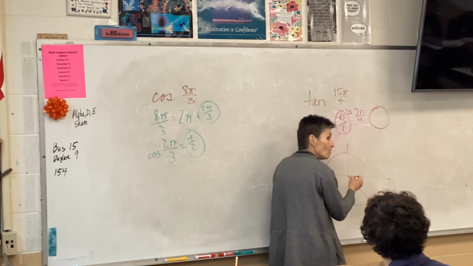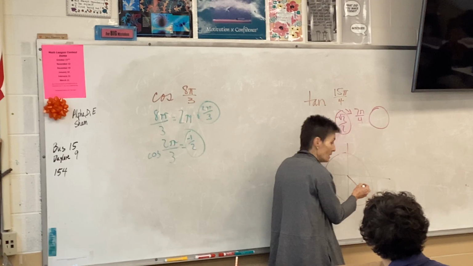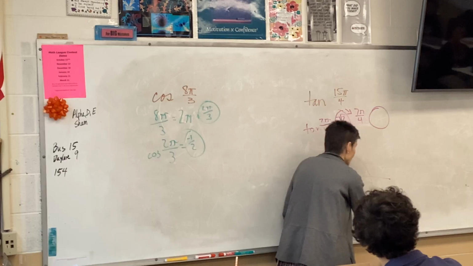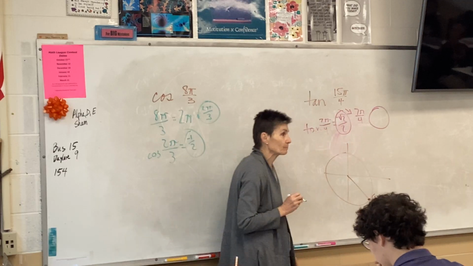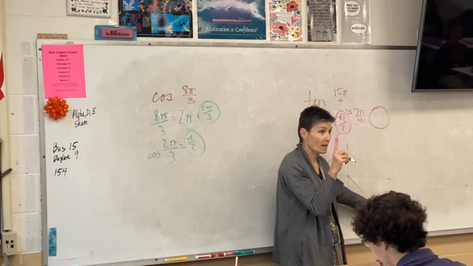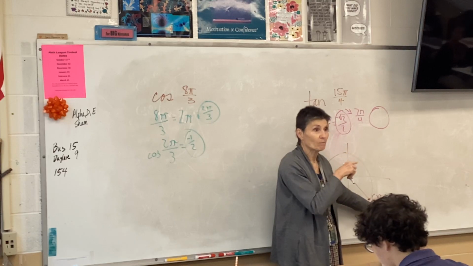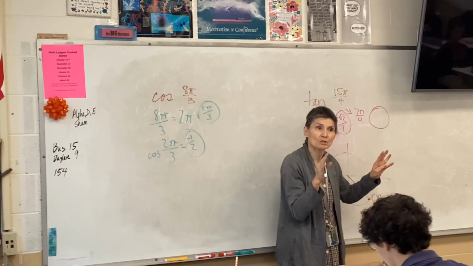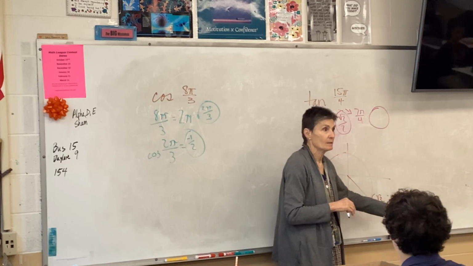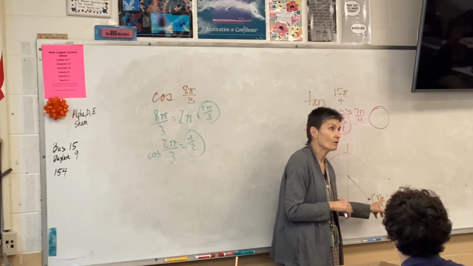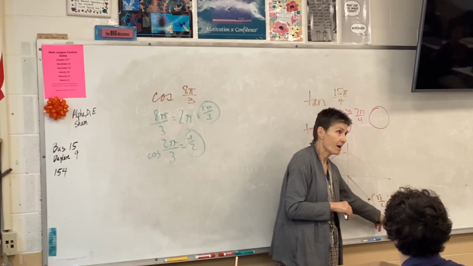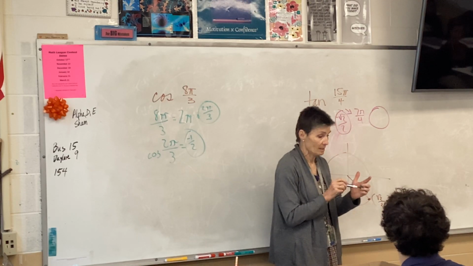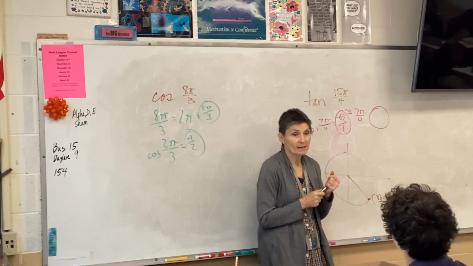Now that's a pi over 4 angle, so they're the same. And the second one's negative, would you agree? So cosine of 7 pi over 4 is root 2 over 2. Sine is negative root 2 over 2. But I want tangent. What's tangent? Y over x. Sine over cosine. So actually the answer to the problem is negative 1.